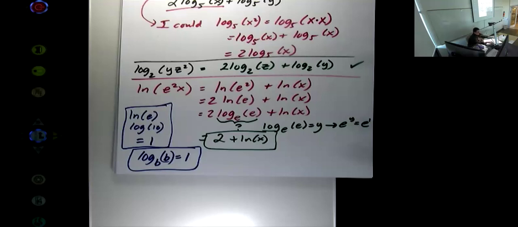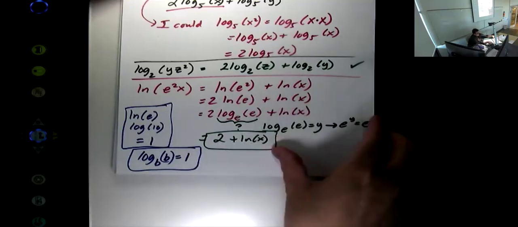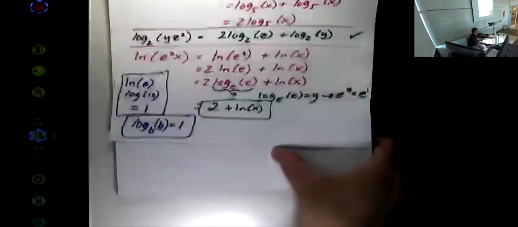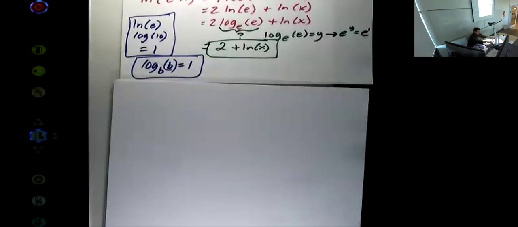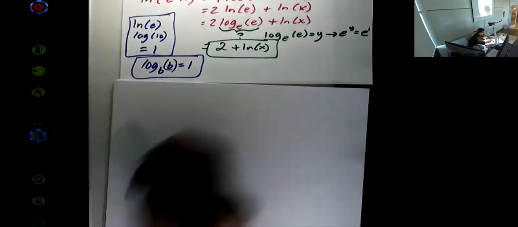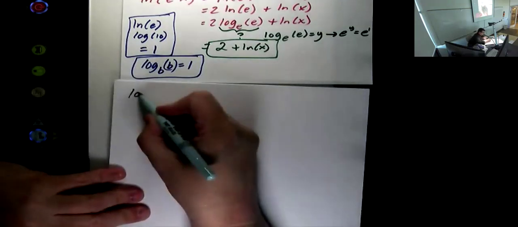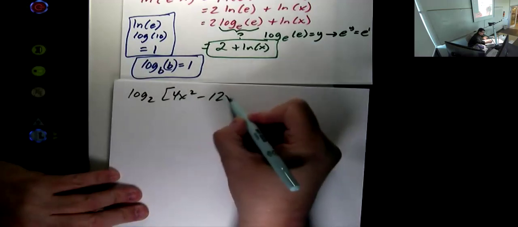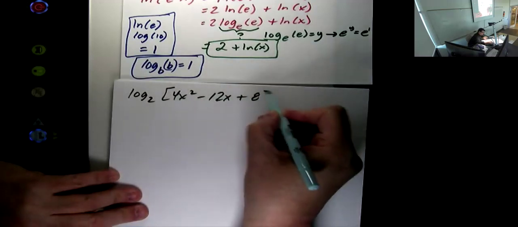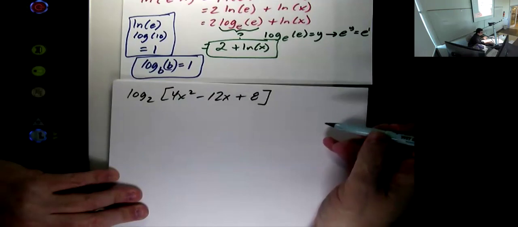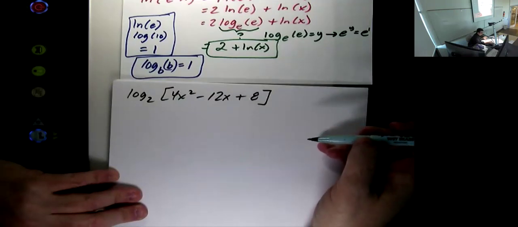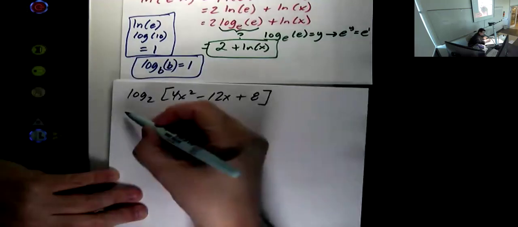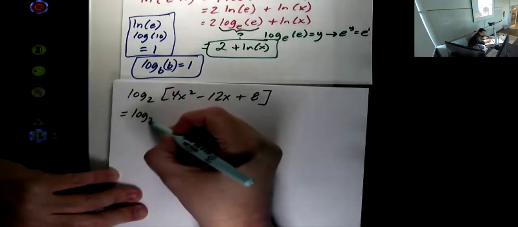Now, they might give you a tricky one. I'm going to slip one more in. Let's say we've got log base 2 of 4x squared minus 12x plus 8. I think this is a good idea to factor first.